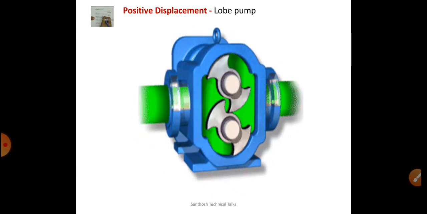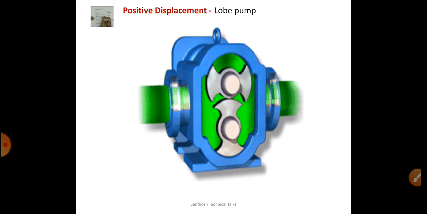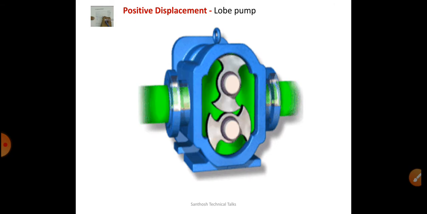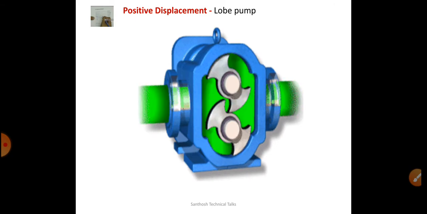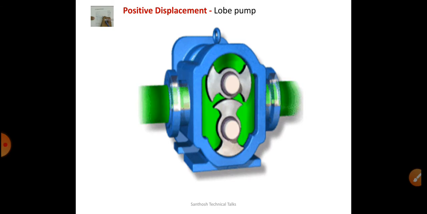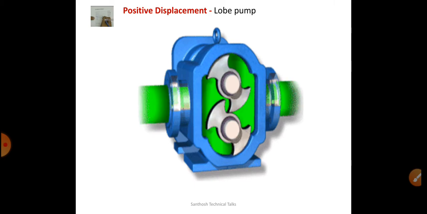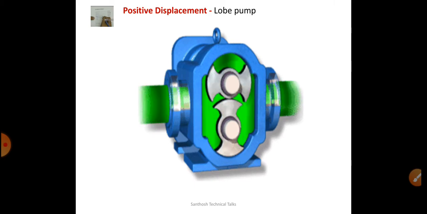So next is a lobe pump. The gear pump and lobe pump are very similar in working operation. Instead of the gear tooth, we are using a finite lobe. In the gear tooth, vibration and noise are produced, whereas in order to avoid that vibration and noise, we use lobes.